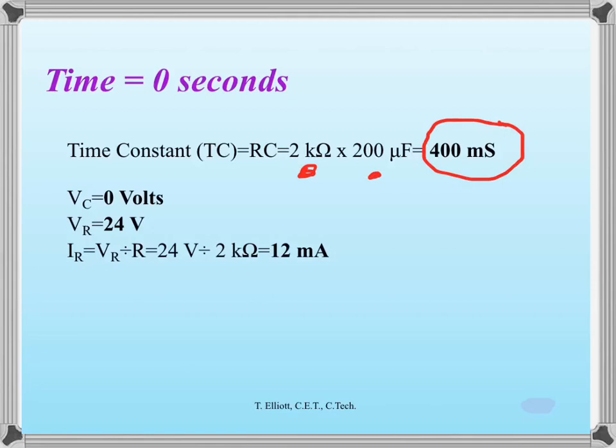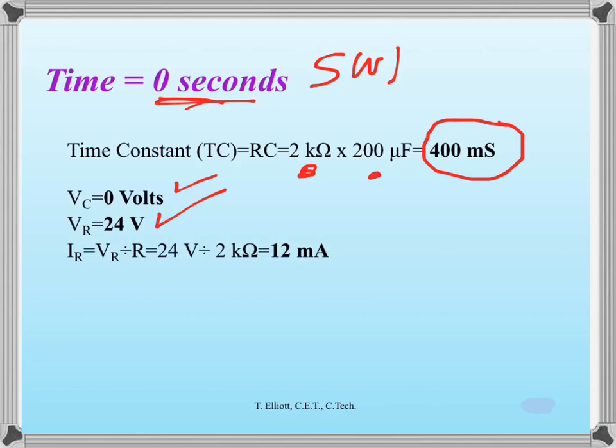So time equals 0 means the instant we close switch 1. Assuming the capacitor is initially discharged, the capacitor voltage is 0. Then by Kirchhoff's voltage law, the source voltage has to be accounted for somewhere, and that's going to be across the resistor if the capacitor voltage is 0.